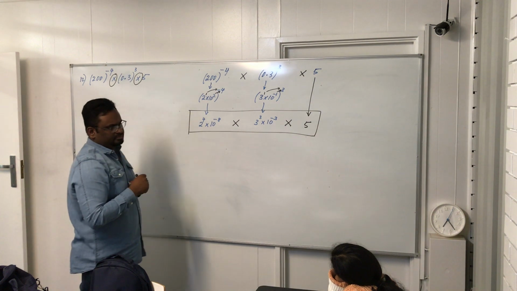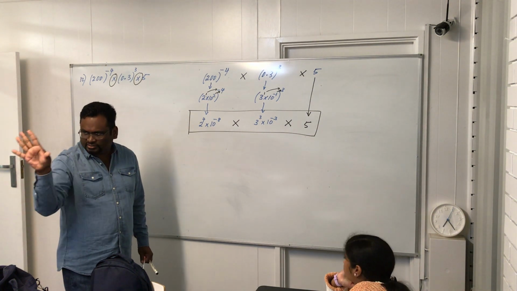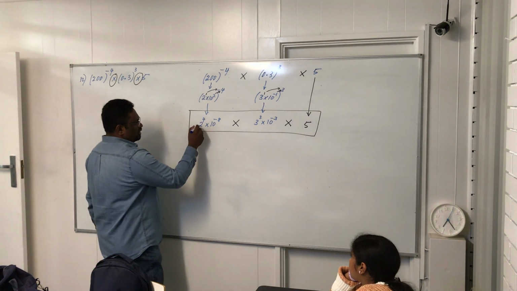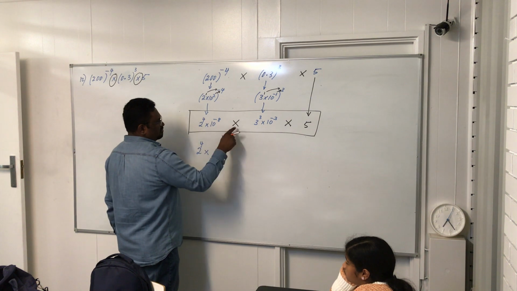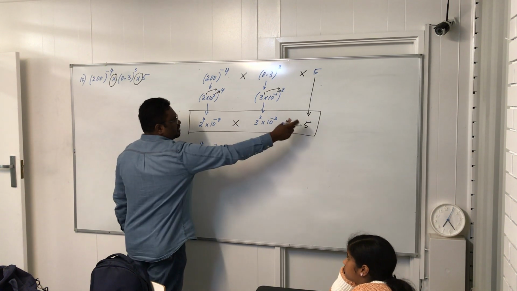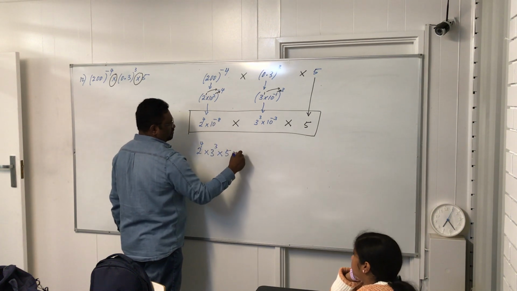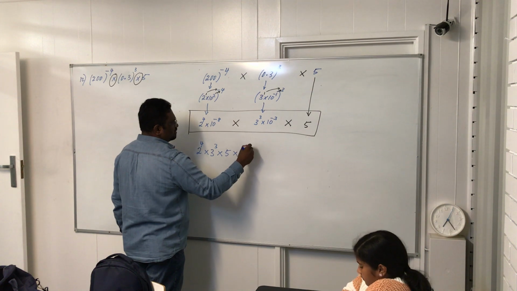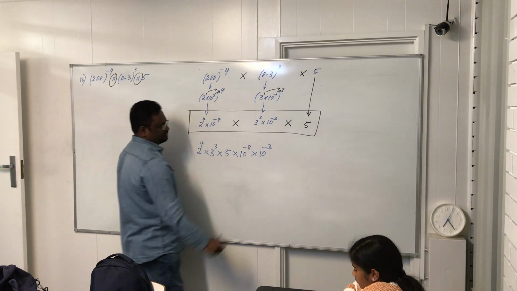Then what I told you: numbers separately, 10 to the power stuff separately. So numbers first: 2 to the 4 times, then you have 3 to the 3 times, then you have 5 times 10 to the minus 8 times 10 to the minus 3. All good.